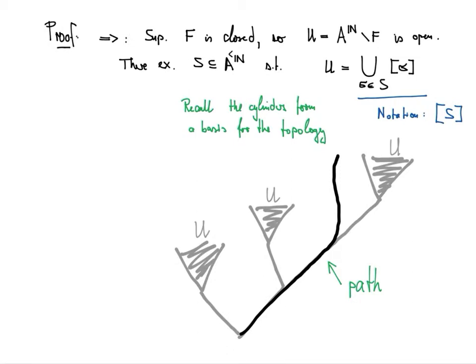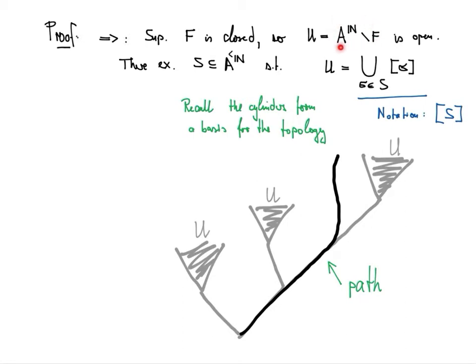Let's try to prove this. So we start with the only if direction. Suppose we have a closed set F, and being closed means that the complement of F is open. So let U be the complement in our sequence space A^ω.